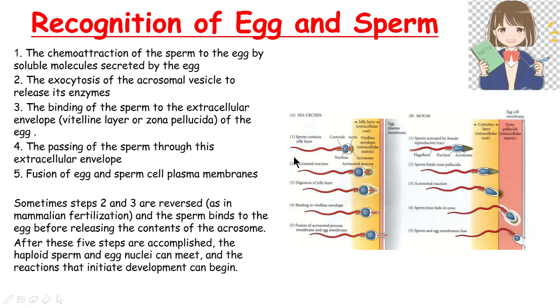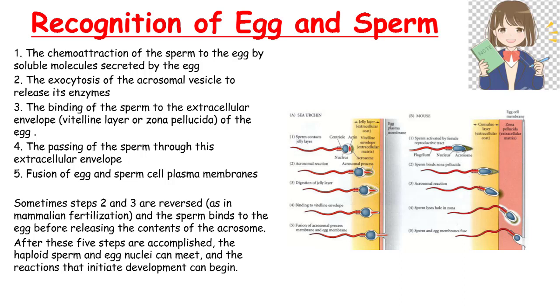Okay, but over here the acrosomal reaction directly takes place. The third is the acrosomal reaction. You can see over here the digestion of the jelly layer takes place. The fourth is the sperm lysing a hole in the zona pellucida. Okay, and the fifth is the sperm and the egg membrane fuse together.